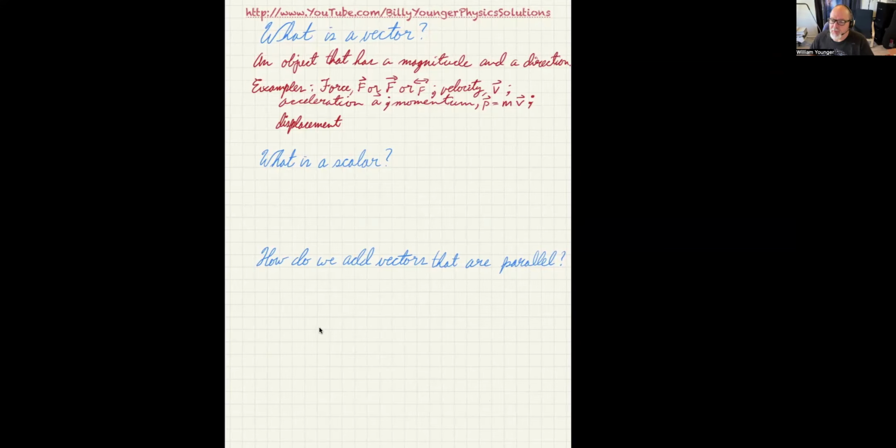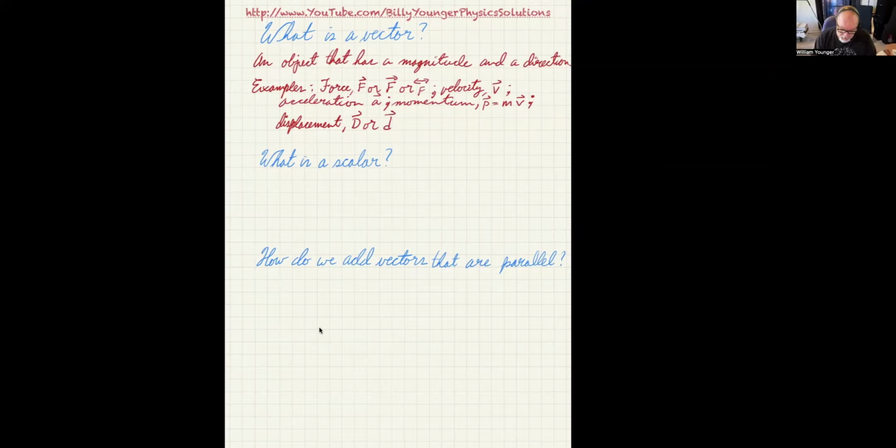This is displacement, which is supposed to be represented by a vector that points from where an object started off to where the object ended up being. That is what the displacement vector is, and we often use a symbol like a lowercase d.